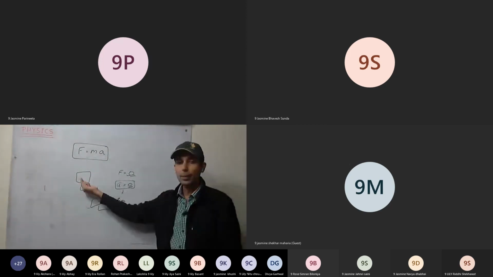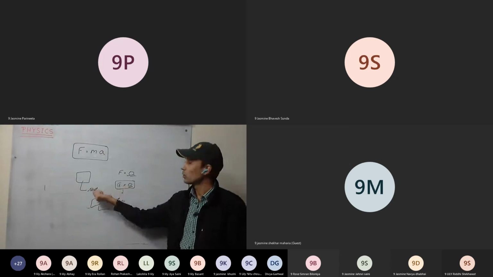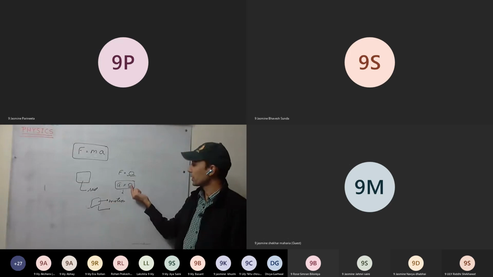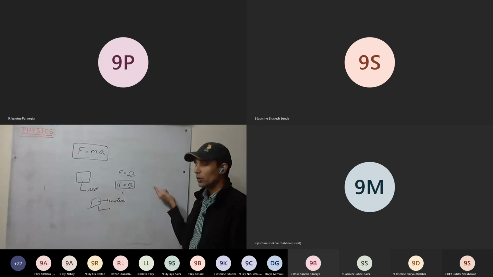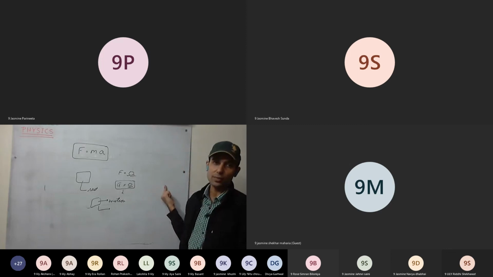If no force is applied on the body, if the body is at rest, no acceleration is produced, so the body remains at rest. And if the body is in motion, no acceleration is produced, which means no change in velocity. Acceleration is only produced when there is change in velocity.